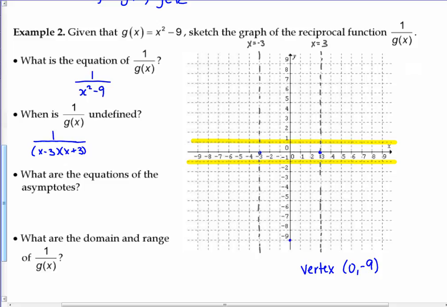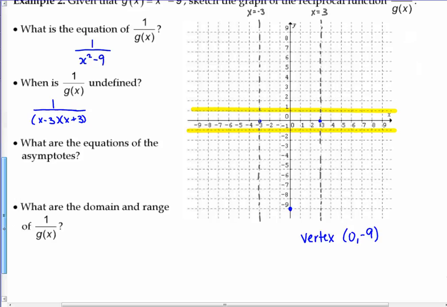And negative 9 also happens to be your y-intercept. Okay, what's the a value? 1. So we're going 1 over, 1 up, 2 over, 4 up, 3 over, 9 up. We've already done that one. 4 is 16. Negative 9 plus 16 is 7. Okay.